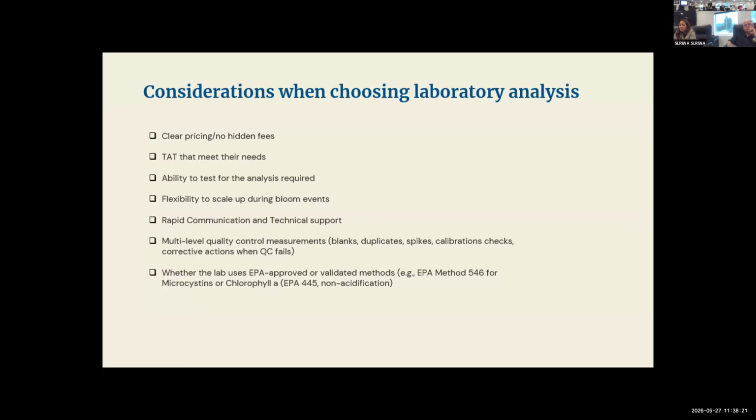Flexibility during bloom events. It is vital to have the ability to scale analysis and activate rapid response protocols during HAB crises. Rapid communication and technical support, and multi-level quality controls and validated methods. Trust labs that use EPA-approved or validated methods.